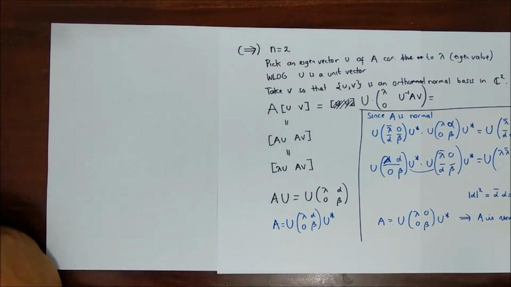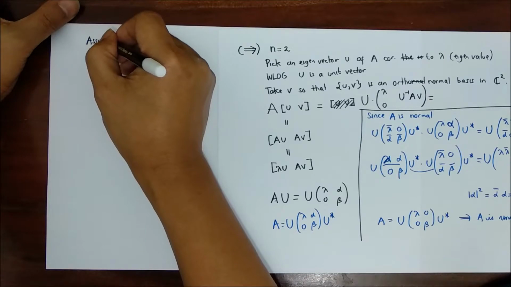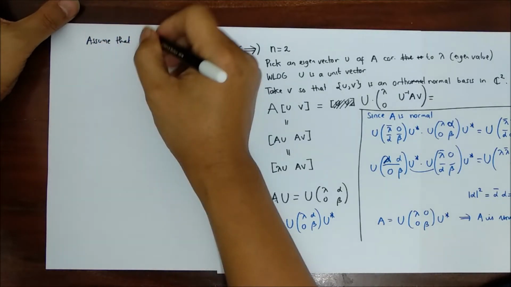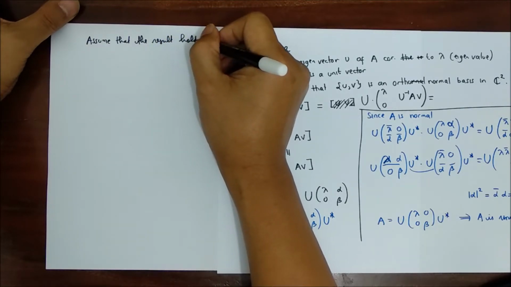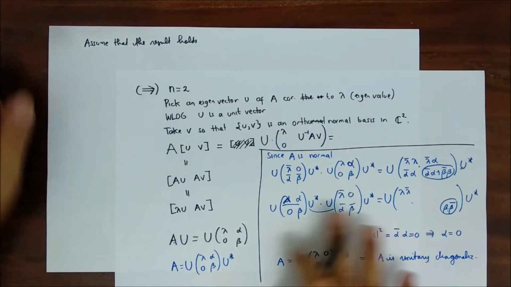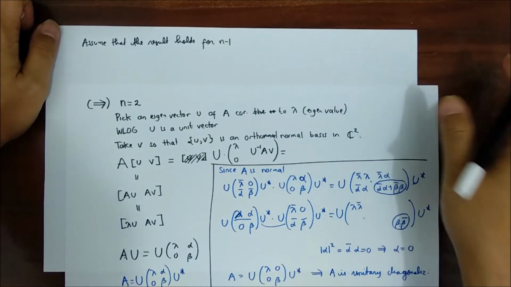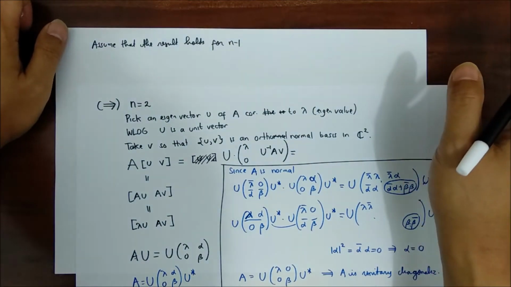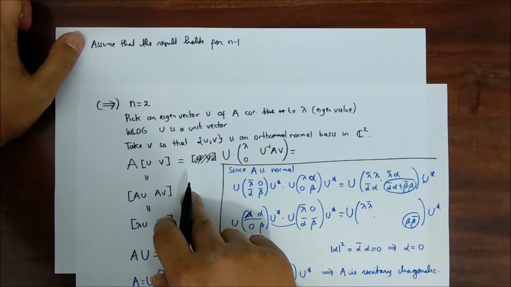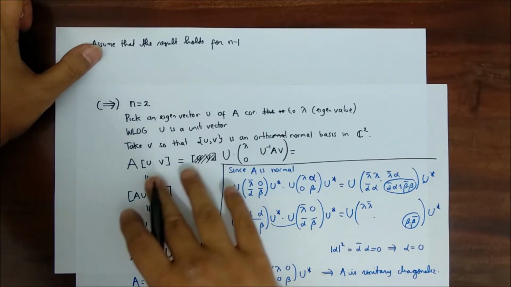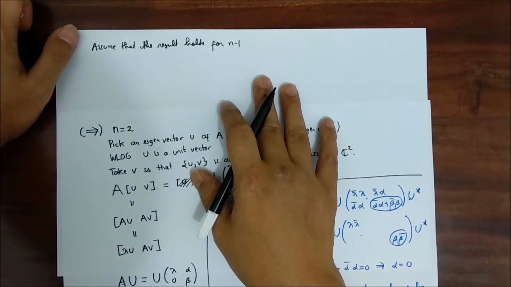So now for general n, we assume that the result holds for n minus 1, meaning that if we have any normal matrix of size n minus 1 by n minus 1, then that matrix can be unitary diagonalized by an n minus 1 by n minus 1 unitary matrix.